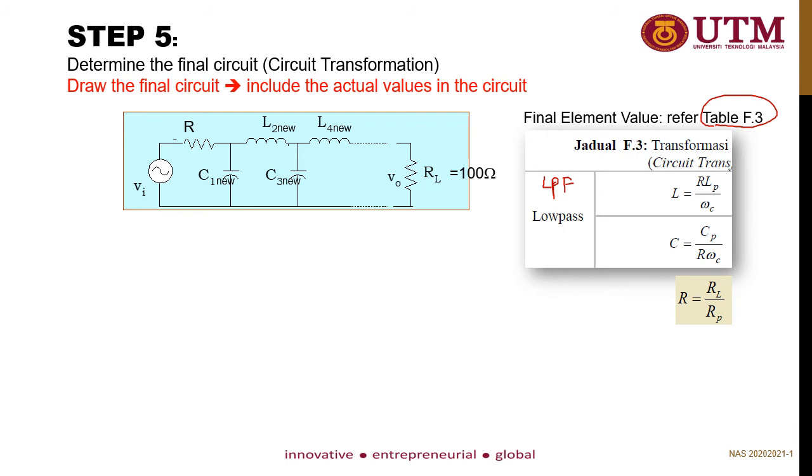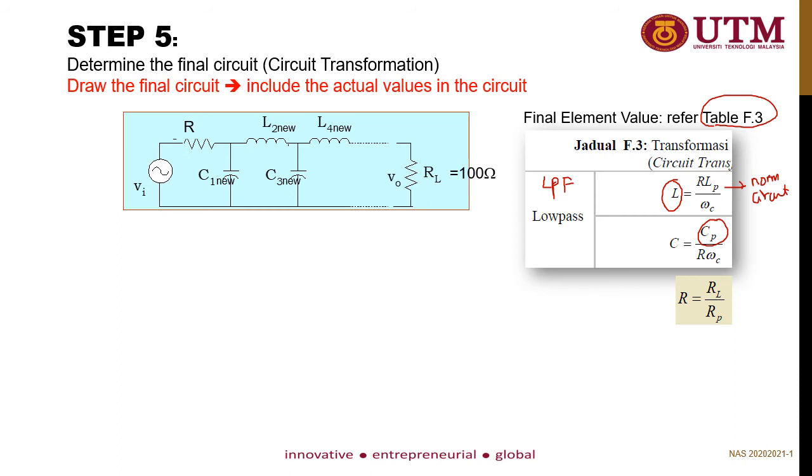So your L new will be calculated by using this equation, R L_P divided by omega C. So L_P is the values in the normalized circuit. Same goes to C, the C_P is the values in your normalized circuit.